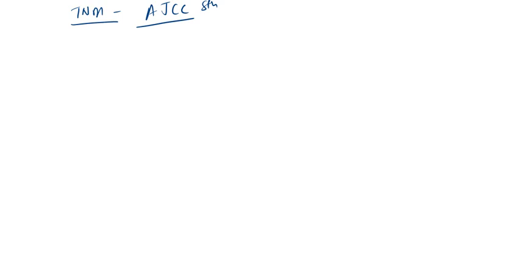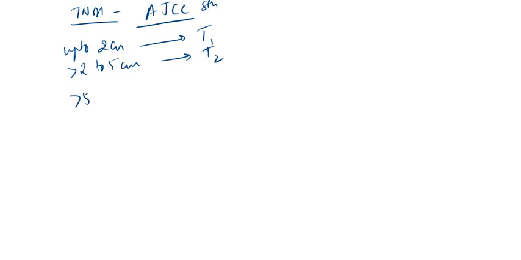If the size of tumor is up to 2 centimeters, it will be T1. If it is more than 2 to 5 centimeters, it is T2. If the size of tumor is more than 5 centimeters, it is T3.